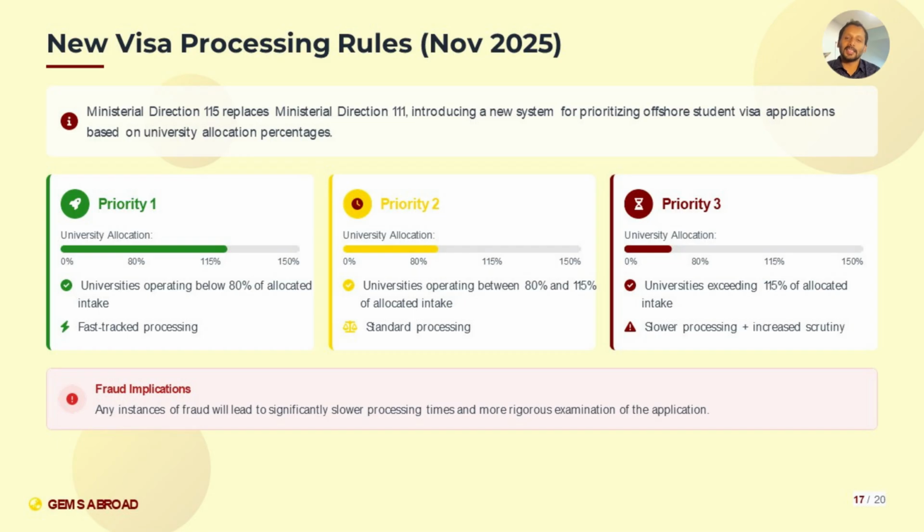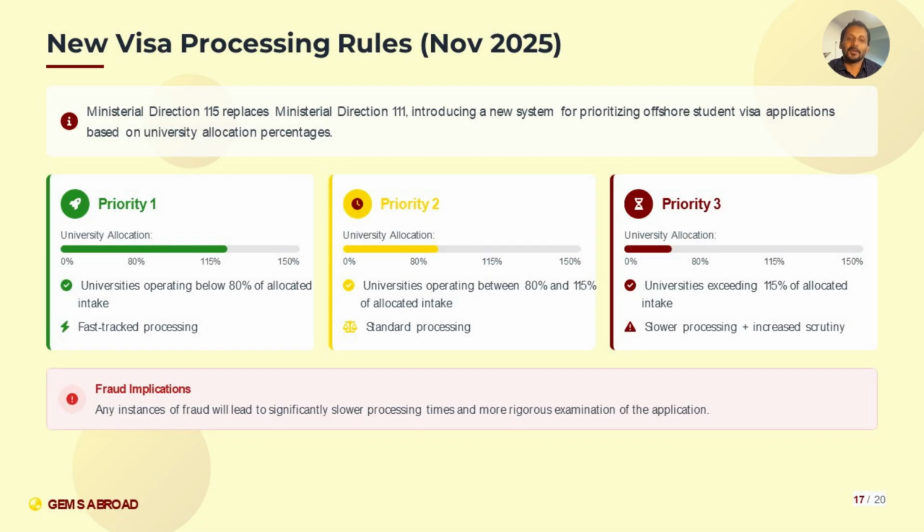In November 2025, Australia implemented Ministerial Direction 115, which introduced a tiered priority system for student visa processing. Applications are now categorized into 3 priority levels. Priority 1 includes universities operating below 80% of their allocated international student intake. These applications receive fastest processing. Priority 2 covers institutions at 80-115% of their allocation with standard processing times.